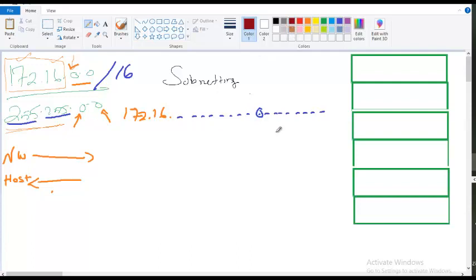In this 16 bits, we have decided to give a few bits from left to right for the sake of subnetting. Now, how many bits? If I say a few bits, can we give 4, 5, whatever comes to our mind? No. There should be some logic, some way of deciding how many bits to give.